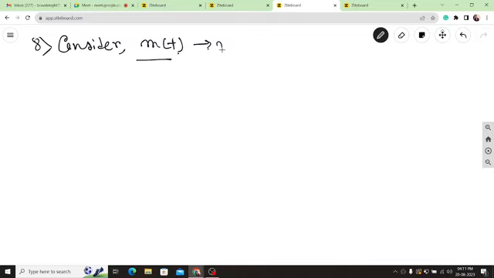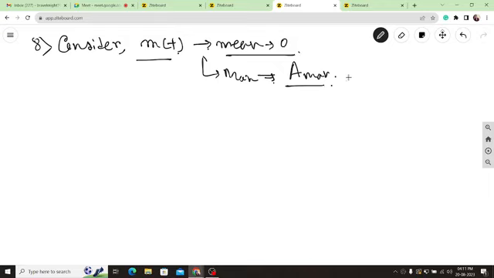It has a mean value that is 0 and a max value, a max, and this has a bandwidth of Wm. So this is the bandwidth.